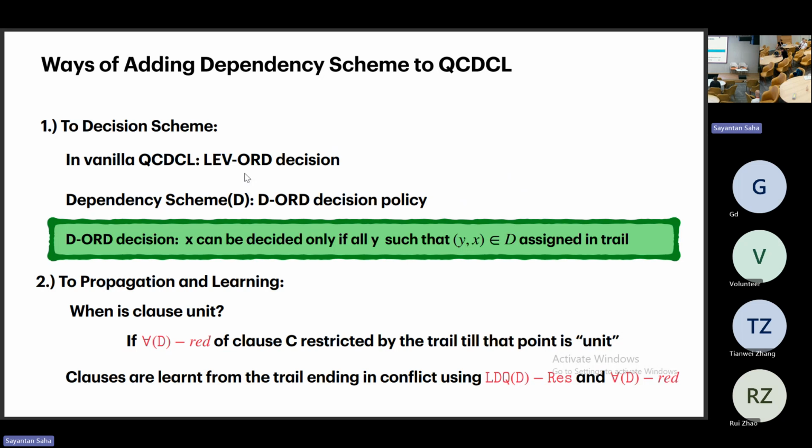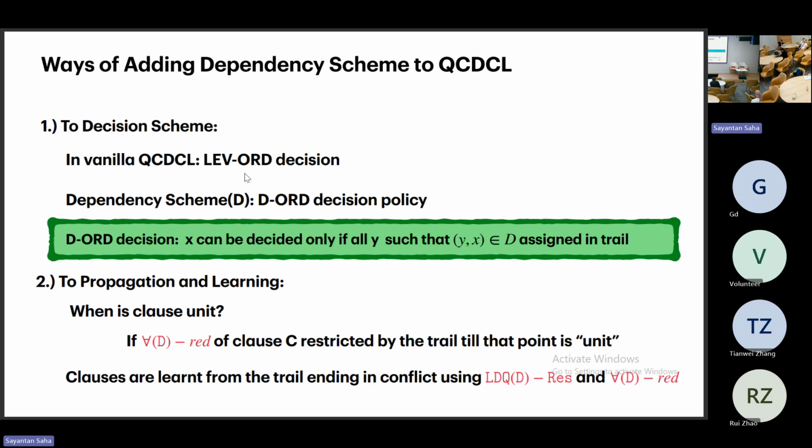The other place I can add dependencies is to propagation and learning. In general, a clause is unit when the universal reduction of the clause is unit. Now I say the universal de-reduction of the clause is unit. So it's an extra power to the universal reduction.